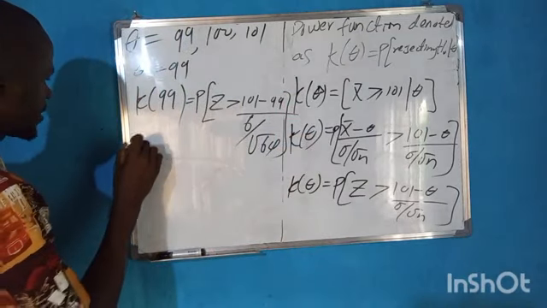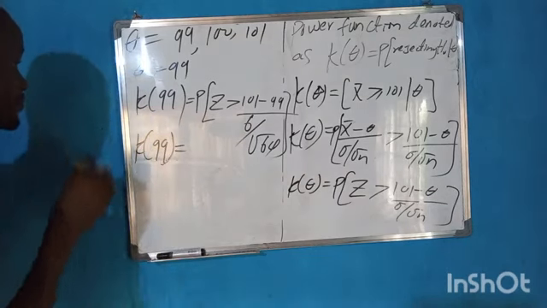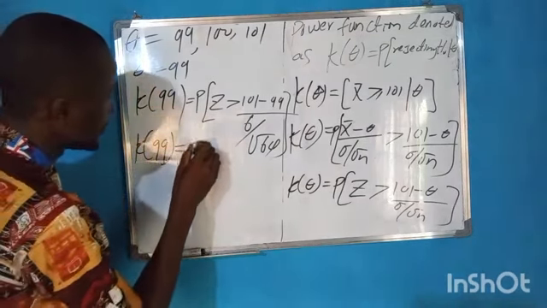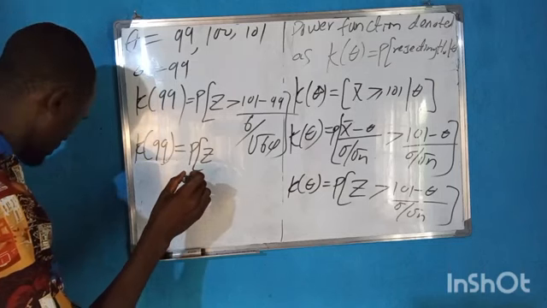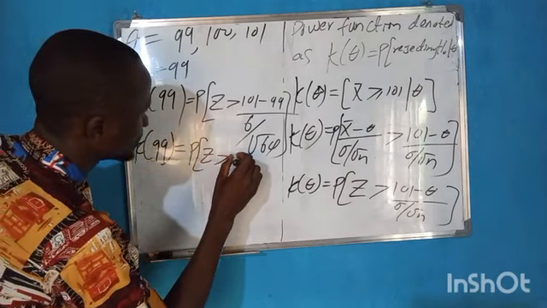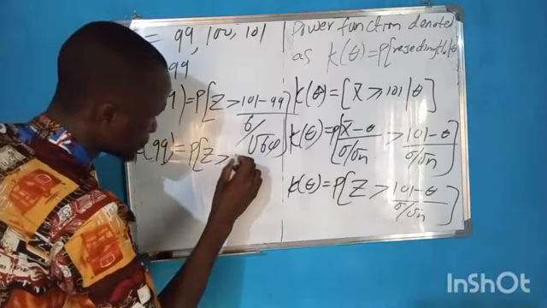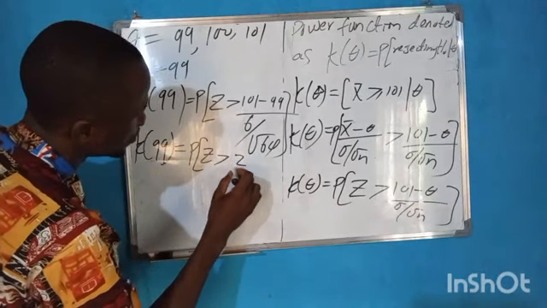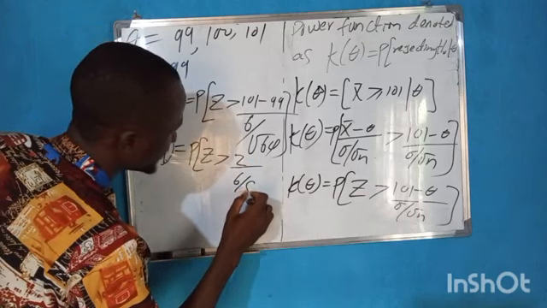This implies that k of 99 will be equal to the probability of Z greater than 101 minus 99, which gives you 2, all over 6 over 8.